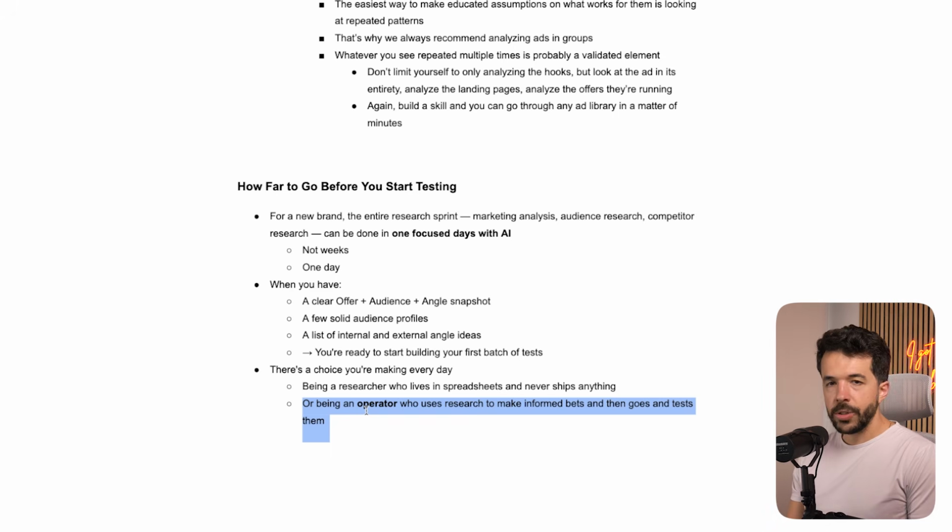And the iteration game, in my opinion, is the most important part of what a creative strategist does. Creative decision making is the most important skill you want to learn and you want to optimize for if you're hiring a creative strategist.